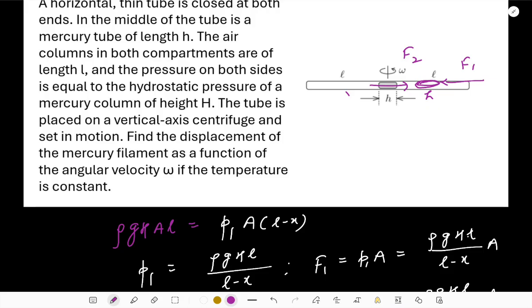But we can fix a rotating frame as well with this rotating tube, and then this force will be called simply the centrifugal force. But our main target here is to calculate the centripetal force, and that can be calculated as if the entire mass of the mercury were located at the center of the filament.